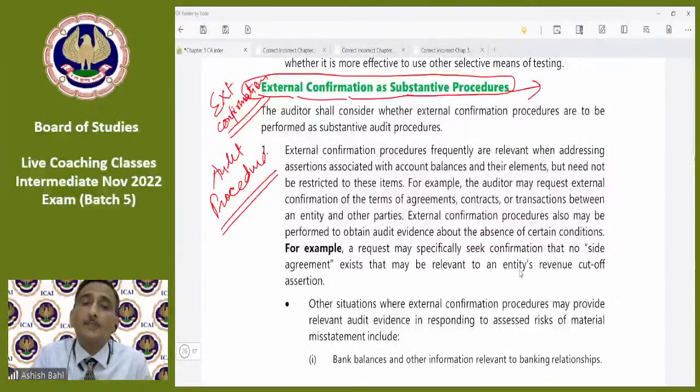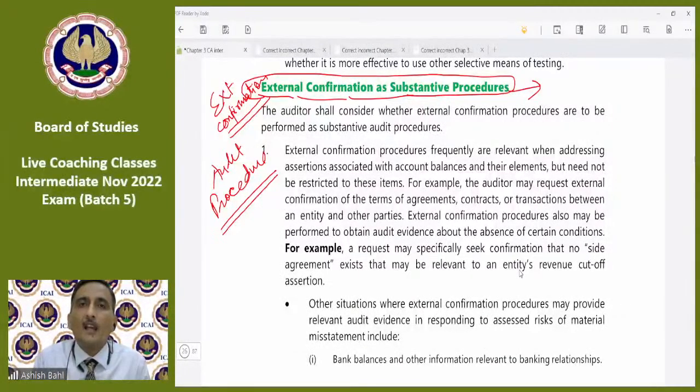Now why is it a substantive procedure? Can you tell me, guys, why it is a substantive procedure? Now what was the definition of substantive procedures? Substantive procedures are procedures designed by the auditor to do what? To detect the risk of material misstatement at the assertion level.